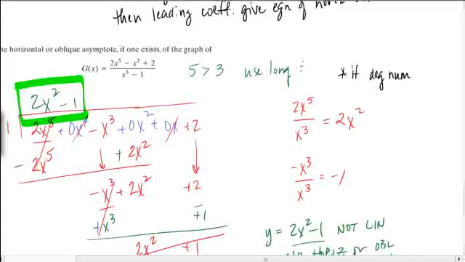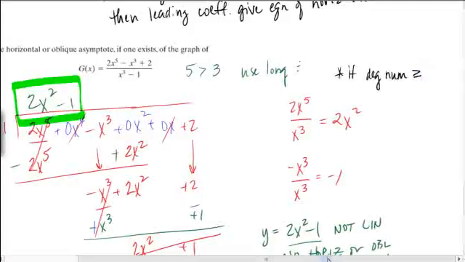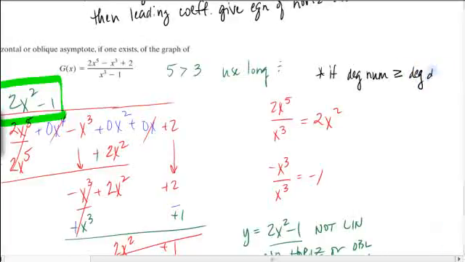Okay, this summary that I was thinking of is actually coming out of your book, and it's stated really well in there. If the degree of the numerator is greater than or equal to 2 more than the degree of the denominator, so the degree of the denominator plus 2.